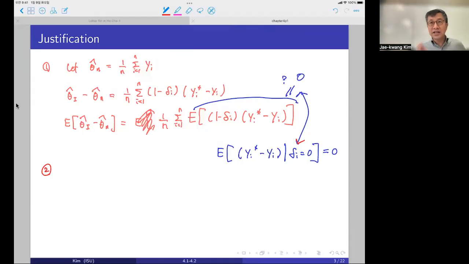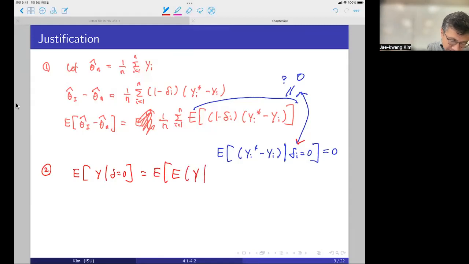And now we need a sufficient condition. What is the sufficient condition for this? Well, the problem is we cannot really obtain the distribution of Y given delta equal to 0, because we don't observe Y at delta equal to 0 by definition. But you can do something like conditioning on X and delta equal to 0.